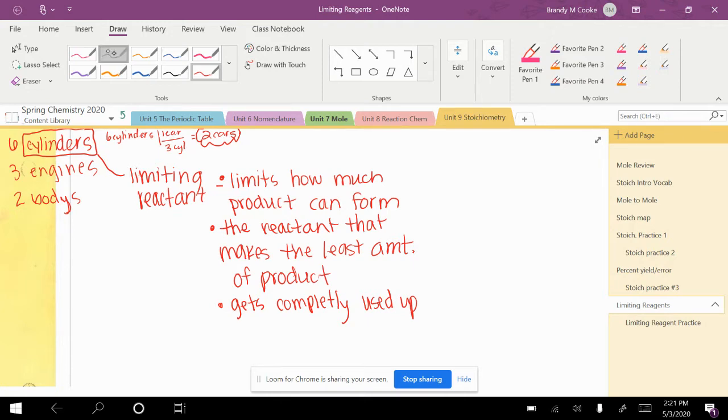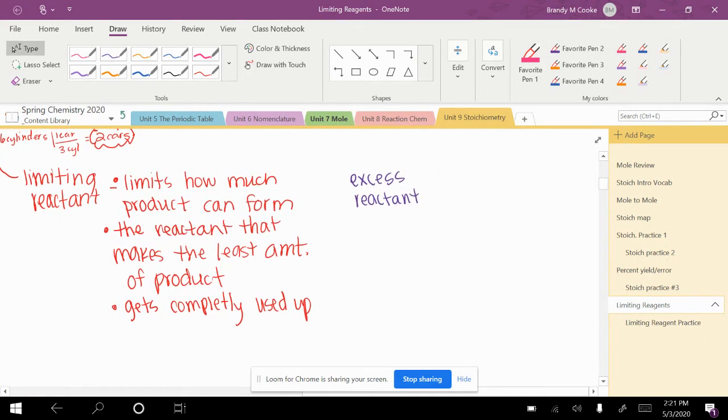So if we have a limiting reactant, then we also have an excess reactant. The excess reactant is going to make the higher amount of product. It's what's left over after the limiting reactant is used up.